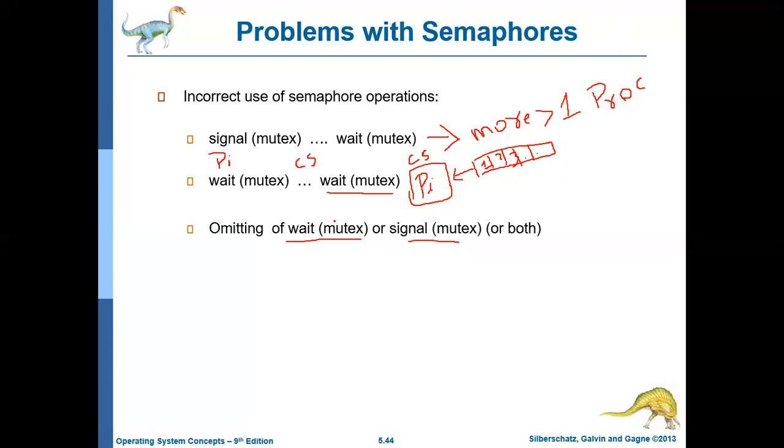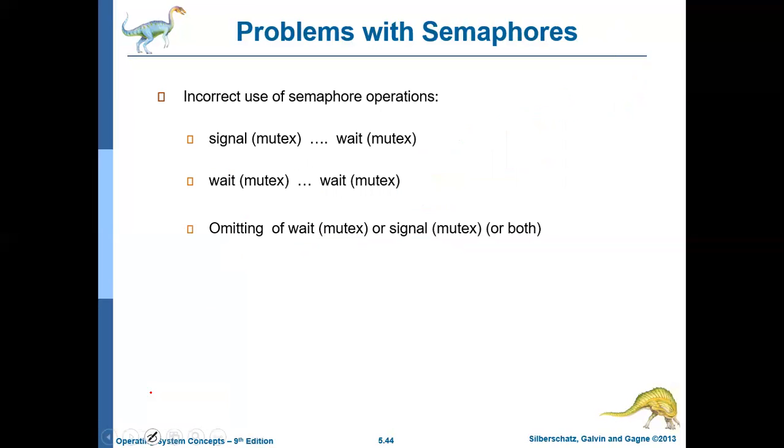So under these circumstances, semaphores will create problems, because it depends on the programmer. It leaves everything to the programmer and expects the programmer to ensure that the instructions wait and signal are used appropriately. But if the programmer fails to do so, it may create these kinds of errors.